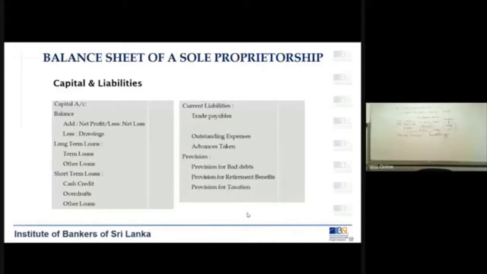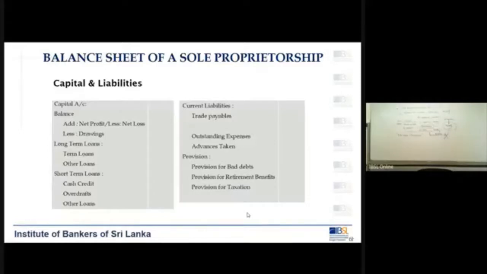At the bottom of the right side, you will see certain items as provision. So what is the first item? Can you see that? That is called provision for bad debts. So that is what I was explaining previously. For the doubtful bad debts, what you will do?